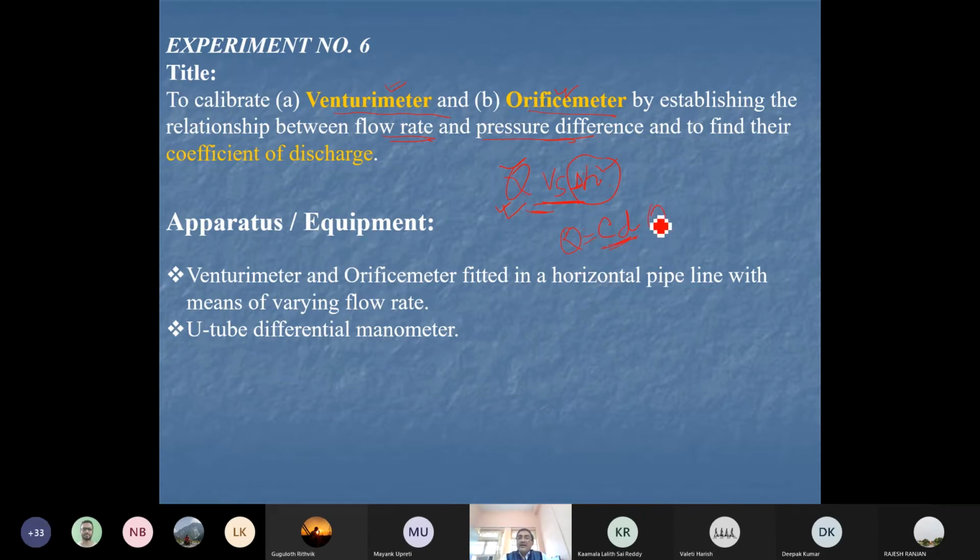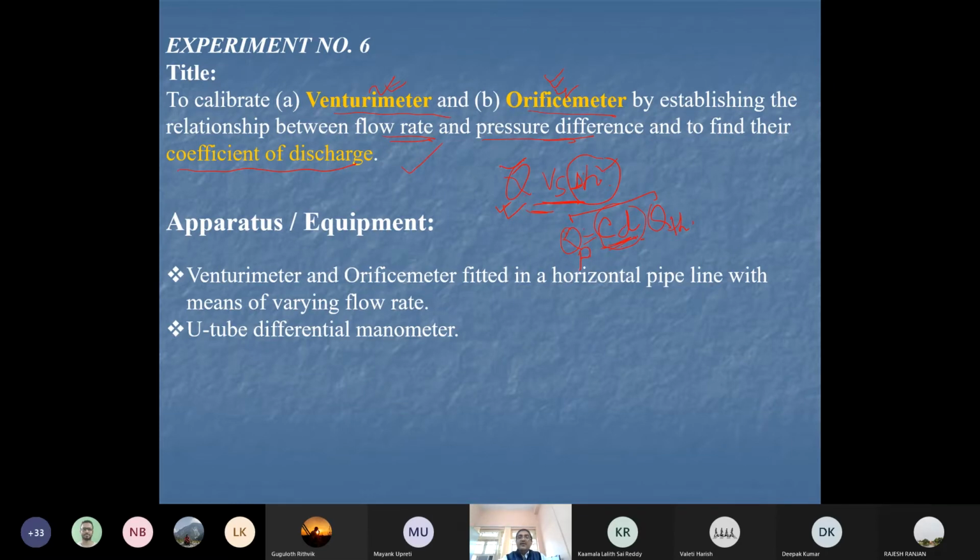So this is actual versus theoretical, CD. In any relationship we generally have a coefficient, the discharge coefficient. The value of the coefficient of discharge we need to establish for these two attachments in a pipe flow system, which are used to measure the discharge. So this is our objective.